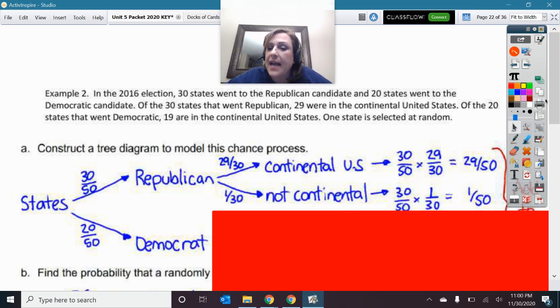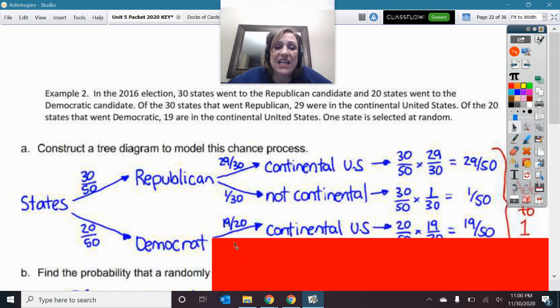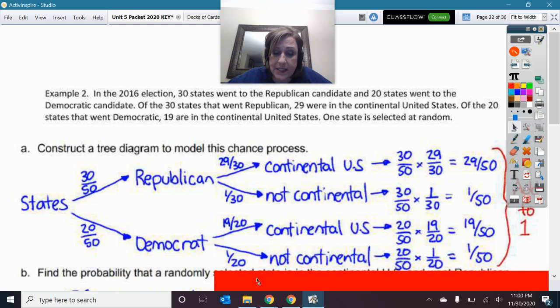Okay? And so then here's those probabilities. All right, next, conditional upon if you are one of the 20 states that went Democrat, that had the Democratic candidate, then here's your results. 19 of those 20 were from the continental United States, and 1 of those 20 was not. Be aware that those are different probabilities. This Republican 1/30th is a smaller amount than the Democratic 1/20th.